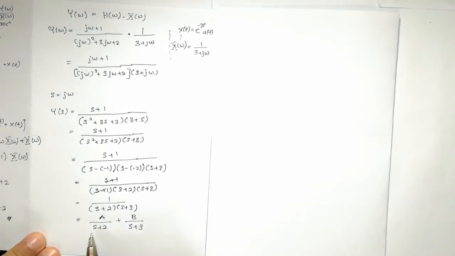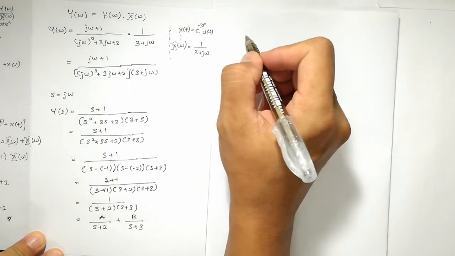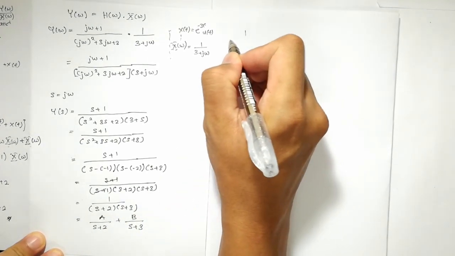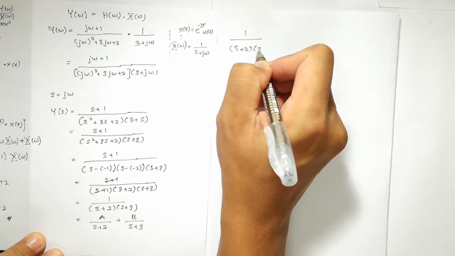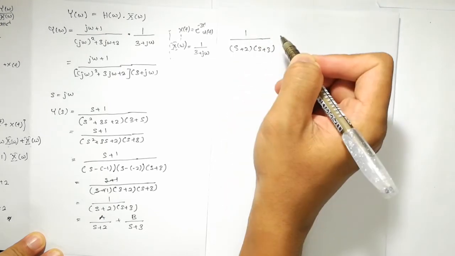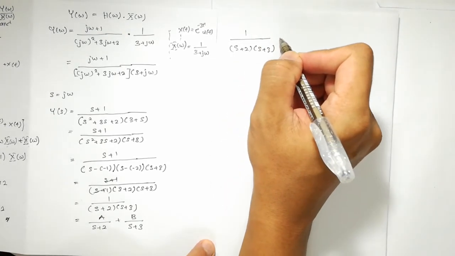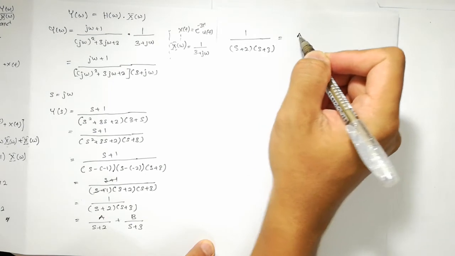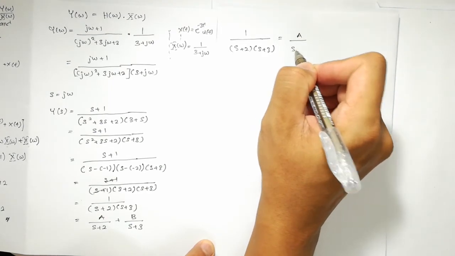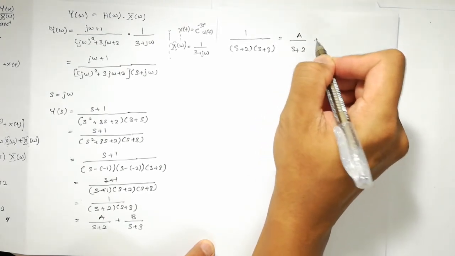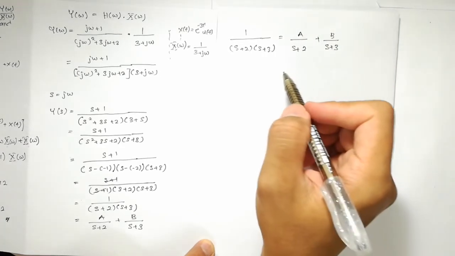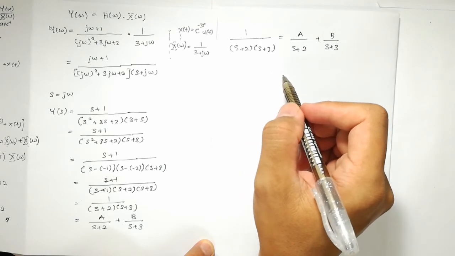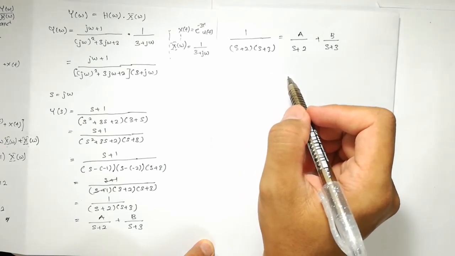So we have Y(s), which will be equal to 1 over (s + 2)(s + 3). This will be equal to A over (s + 2) plus B over (s + 3). For this one, we will try to use simultaneous equations.